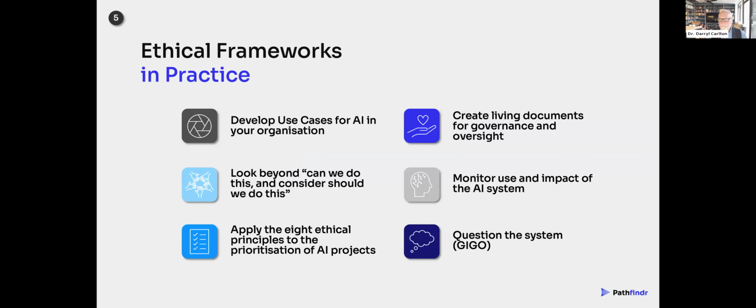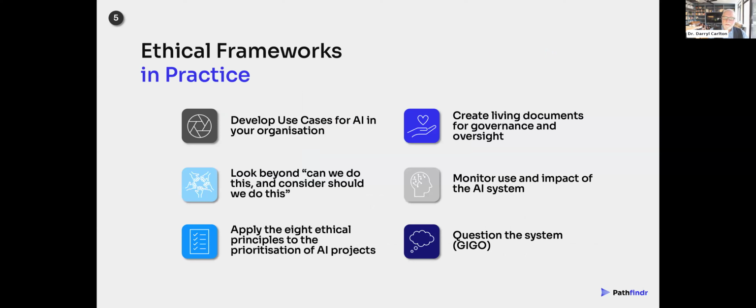So, ethical frameworks in practice. You need to develop use cases for AI in your organization. The frameworks themselves, the principles themselves, are fairly straightforward. We have distilled 8 principles from all of the international literature. Those won't change.